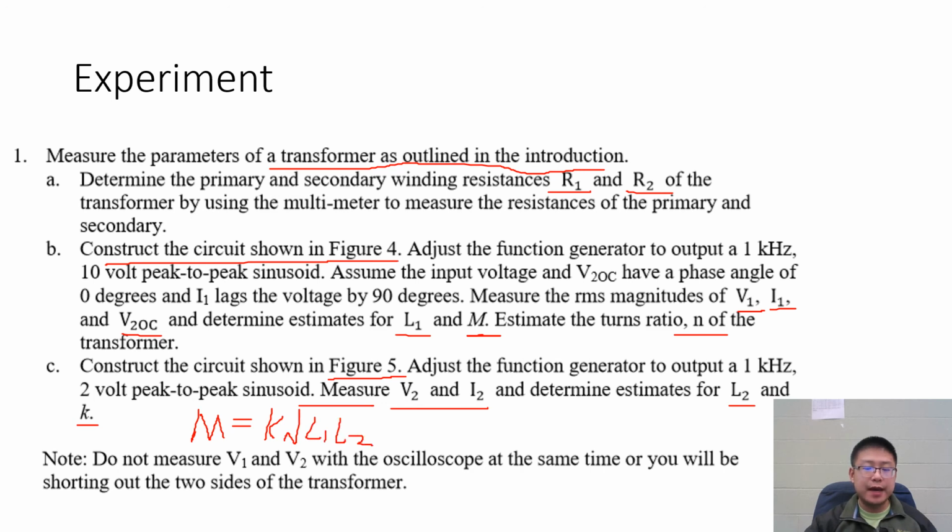We know M and we know L1 and L2. We can calculate K. Be careful not to measure V1 and V2 with the oscilloscope at the same time, or you will be shorting out the two sides of the transformer.